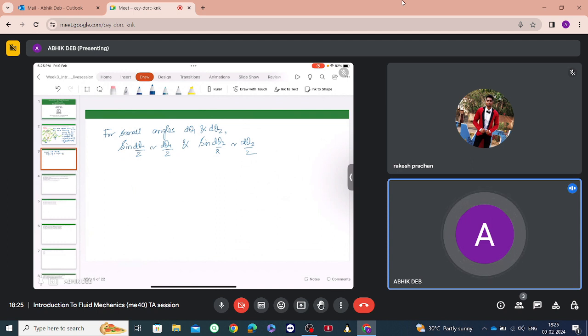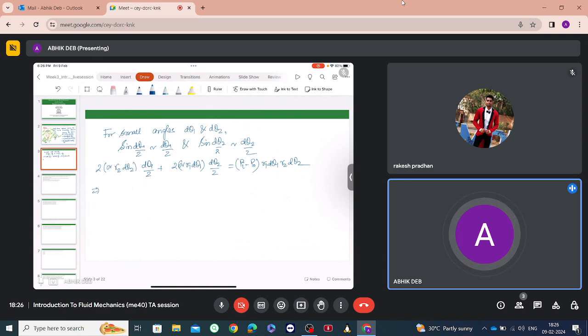So we will just replace these values in the equation that we have written previously. 2 sigma r2 d theta 2 into d theta 1 by 2 plus 2 sigma r1 d theta 1 into d theta 2 by 2 is equal to pi minus po into r1 d theta 1 r2 d theta 2.